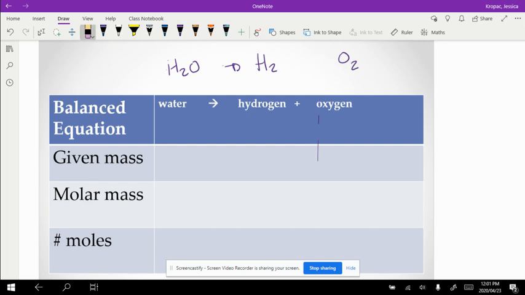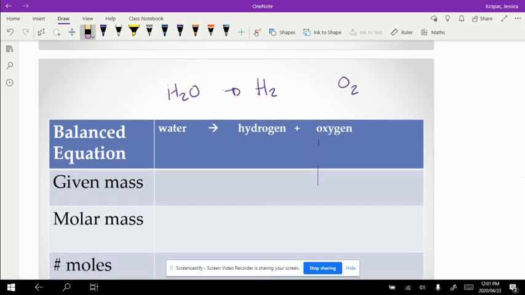Why did I write H2 and O2 and not just hydrogen and oxygen? Because remember, both hydrogen and oxygen are Hofbrinkels. They're considered to be diatomic, so we need to put that 2 there as well. Next, we want to make sure that this is balanced. We can see that it's not. On the right-hand side, I have an extra oxygen.